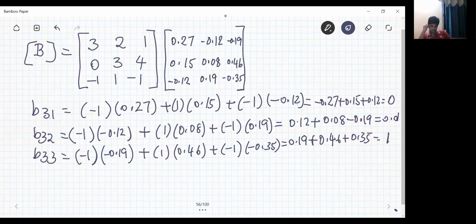See, 0.99, you wrote it as 1. We rounded off the figure. The same thing you do for minus 0.01 also. What will you get?